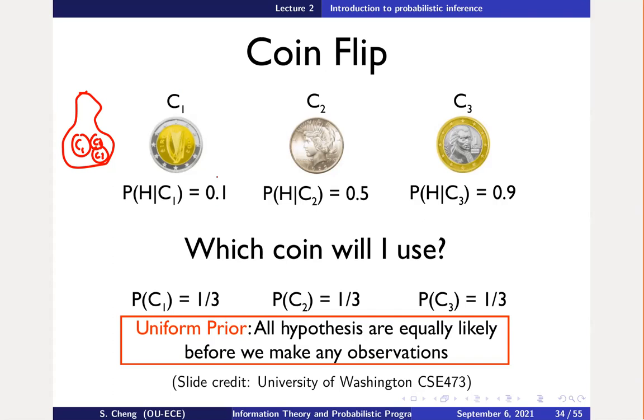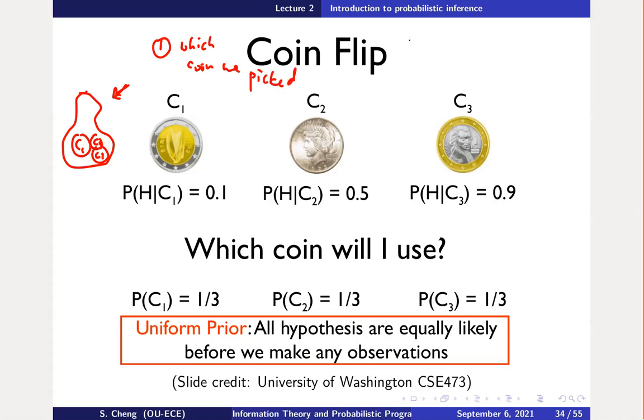So the problem we have is, let's say we draw a coin from this bag, and then flip it a couple of times, and then we try to estimate. Actually, there are two questions here. One is which coin we pick or draw.